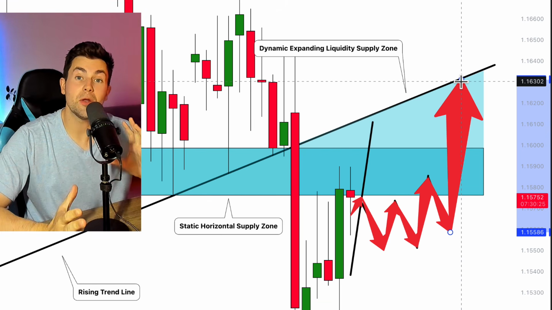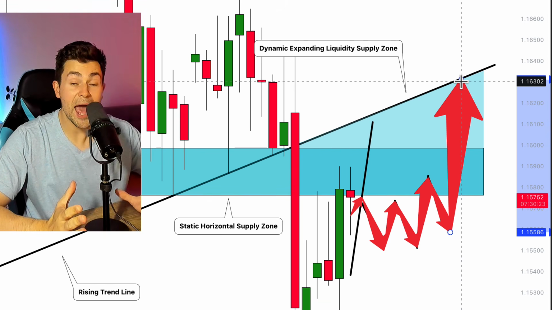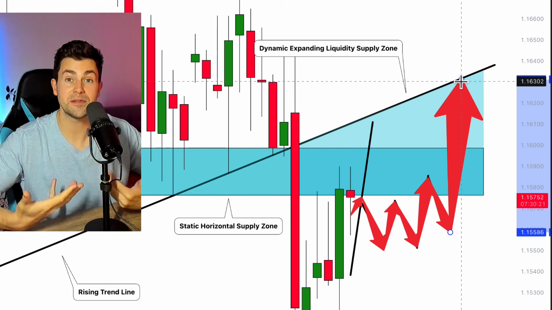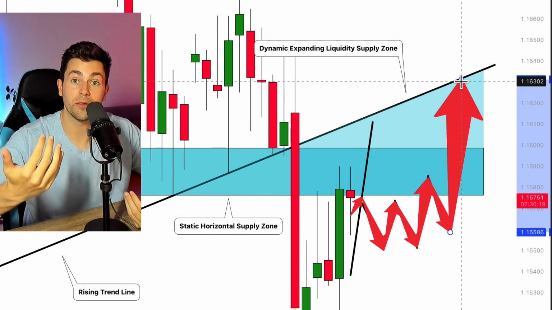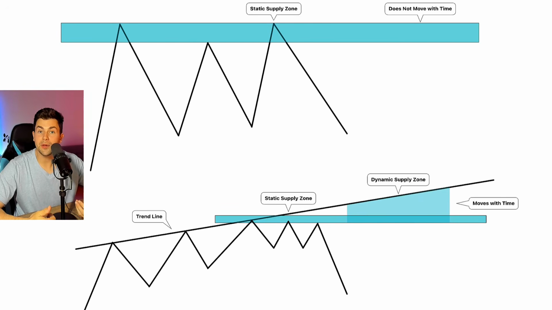So you can see that no matter how the price acts, this liquidity supply zone expands with time. So here is what exactly a dynamic liquidity supply zone is. A dynamic liquidity supply zone is a combination, a confluence of a strong trend line and the static liquidity supply zone. Such a zone will change with time.